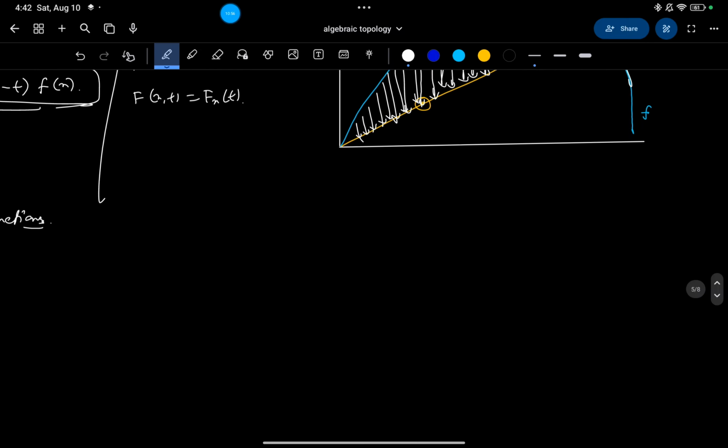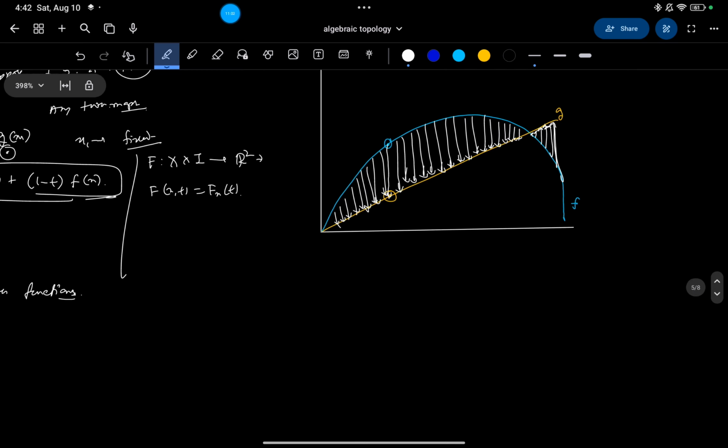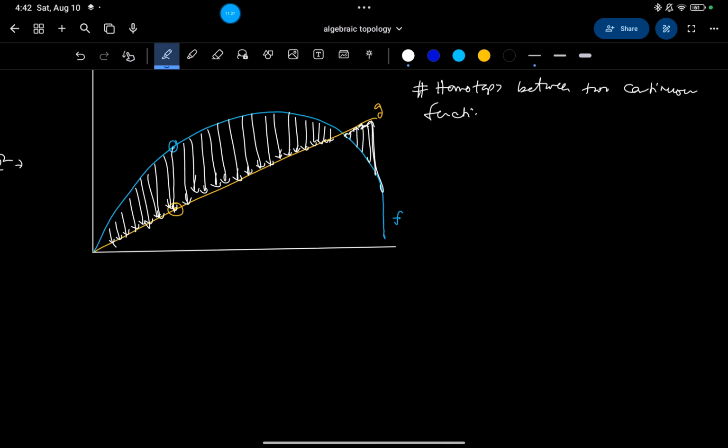By the way, the homotopy between two continuous functions is not unique at all.